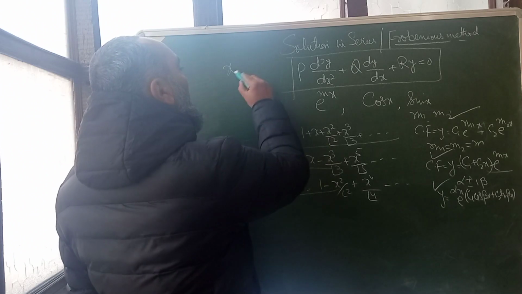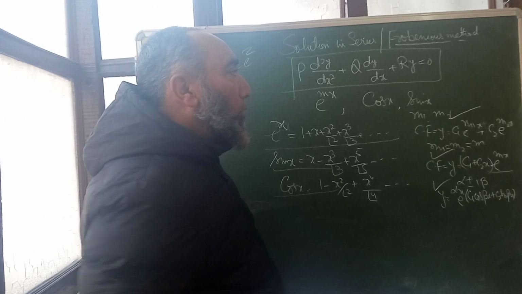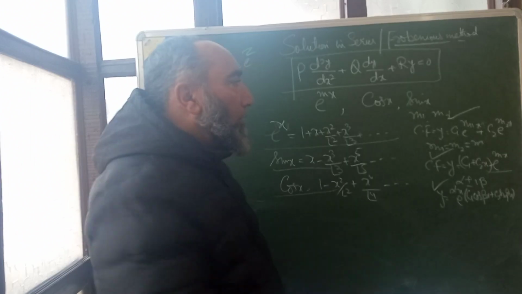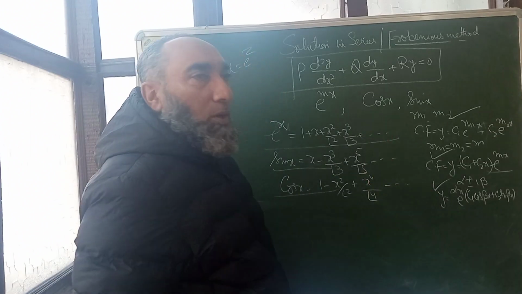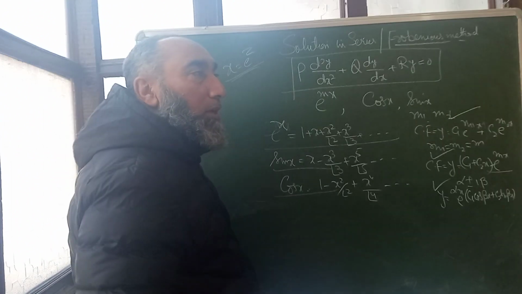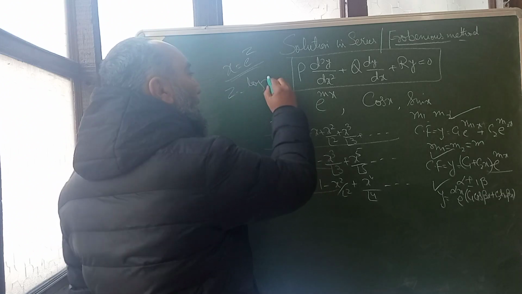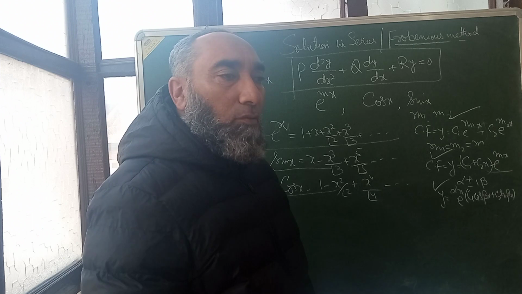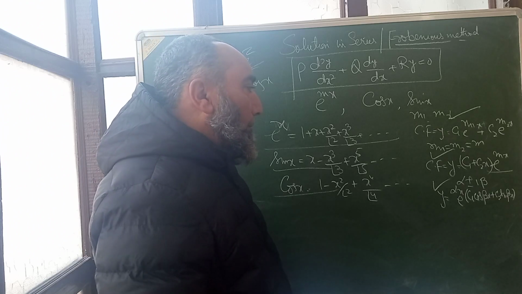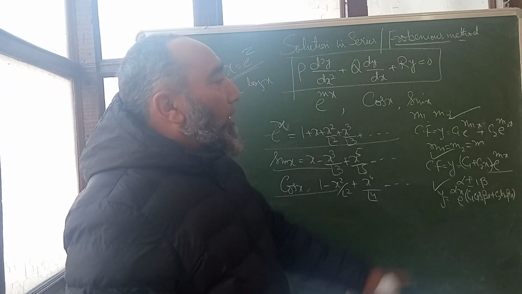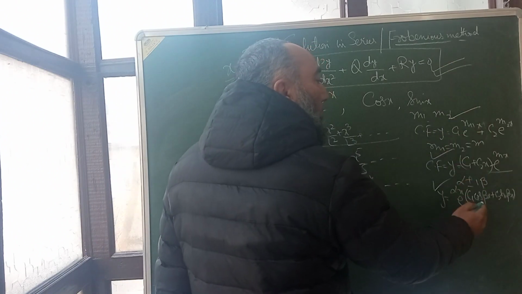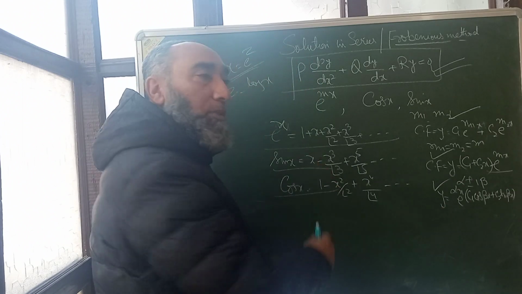We put x equal to e to the power z and reduce a linear differential equation with variable coefficients into a linear differential equation with constant coefficients and proceed likewise. The solution will be in terms of z, and then z is log x, and log x also has a series solution, log of 1 plus x, log of ax plus b, etc. I want to emphasize that the solutions are in terms of e to the power mx, sine and cos, which can be represented in terms of series.